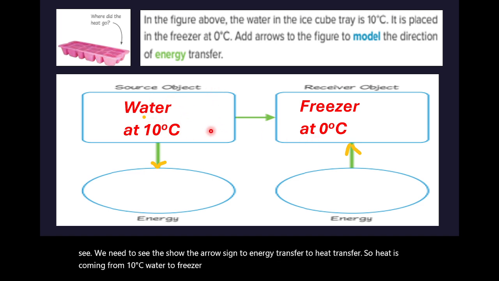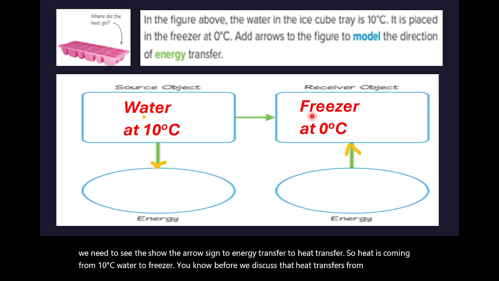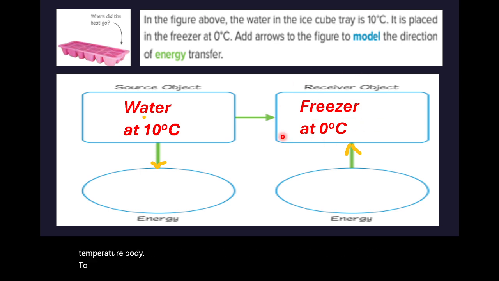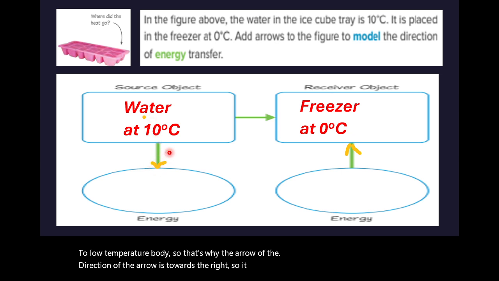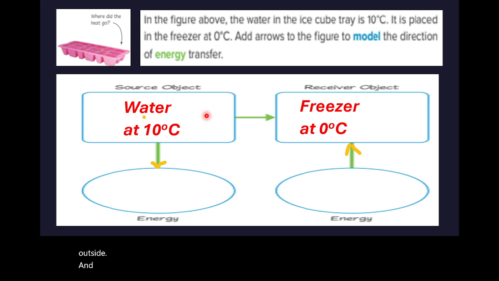Before we discussed that heat transfers from high temperature body to low temperature body. So that's why the direction of the arrow is towards the right. So it gives the energy out. That's why the arrow is outside, and that energy is taken by the freezer. So that's why the arrow is towards the freezer.